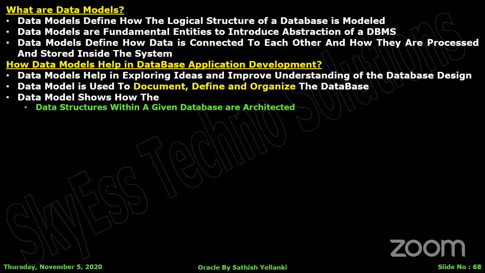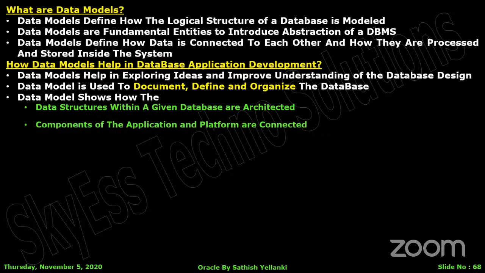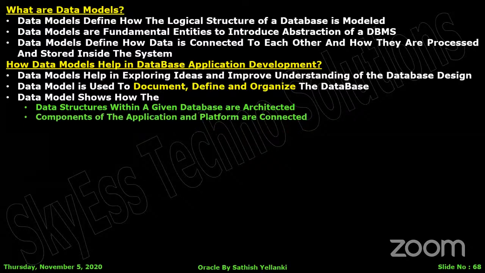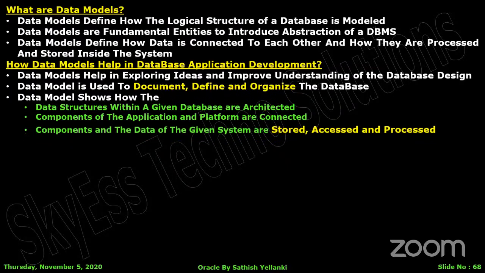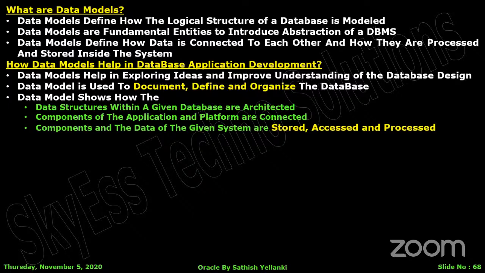And every data model will show you how the components of the application and platform are interconnected. Means what is the interconnected logic between the components of your application and the platform on which you are developing. It shows how the components and the data of the given system are stored, accessed, and processed. All three activities of the components of your business, it will make very, very clear to you.